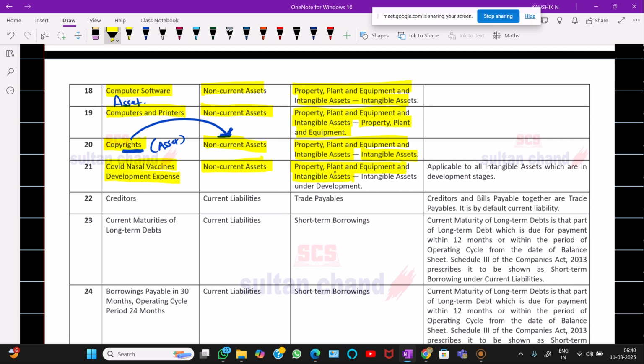Under this category, there is a term called intangible asset under development. If it is an intangible asset which is complete, you will say it as intangible asset. When the intangible asset is still in progress, which is incomplete, you will say it as under development.